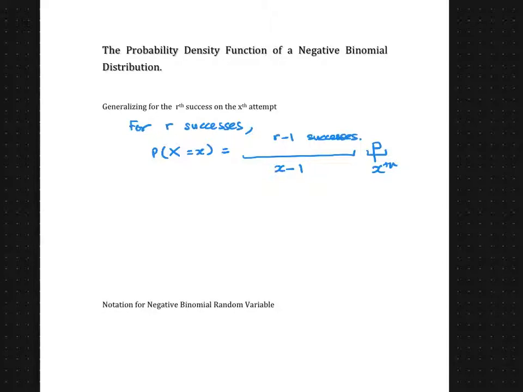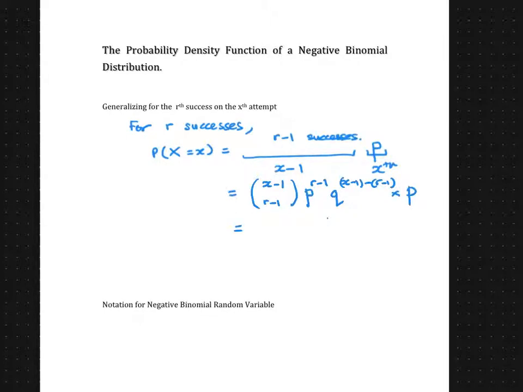So we will get a binomial, so it's x minus 1 C r minus 1, p to the r minus 1, q to the (x minus 1 minus (r minus 1)), times p.